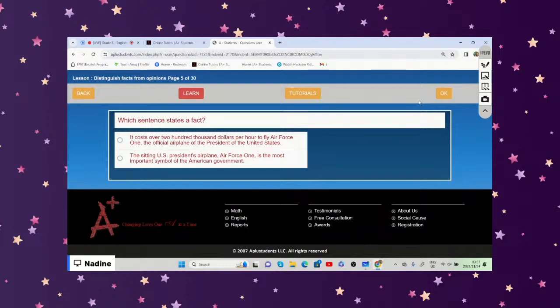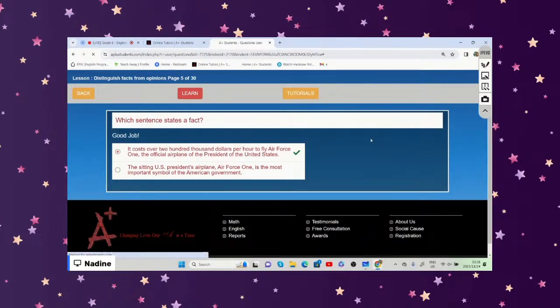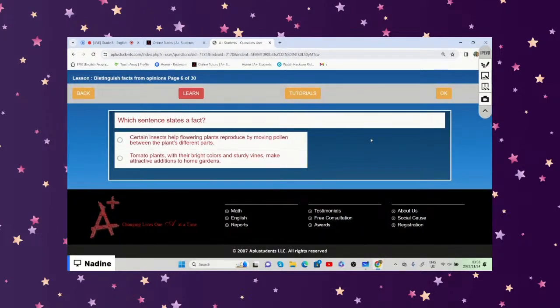So which means that we're going to choose option one because people have been saying that flying Air Force One or an aircraft is expensive. So well done. Number one is correct.